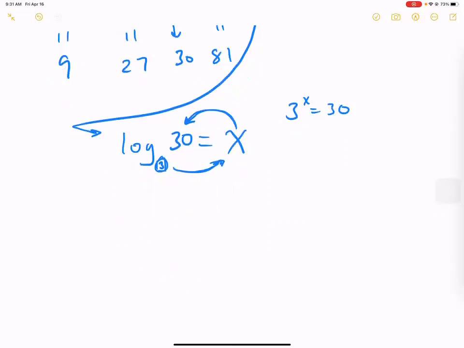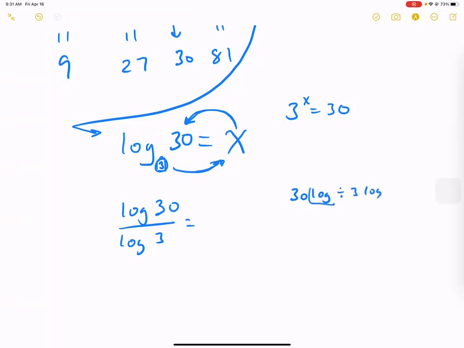So I want us to now, seeing this as a log, type this in our calculator. Log of 30 divided by log of 3. There are a lot of different ways to type this in your calculator. If you have my cheap calculator, you type 30 log divided by 3 log.